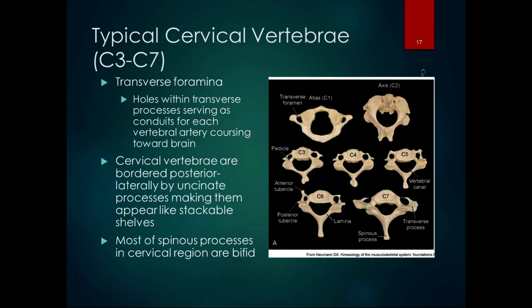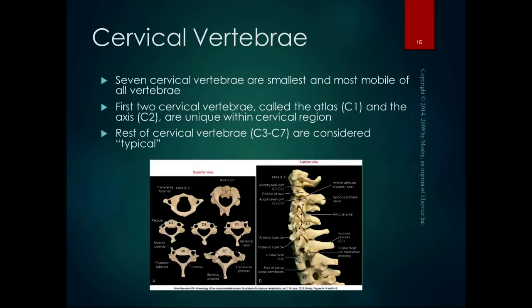So the reason for having transverse foramina is to protect the vertebral artery. Cervical vertebrae are bordered posterolaterally by uncinate processes, making them appear like little stackable shelves. So when you look at this picture, you can see how they stack right on top of each other. They're like those little Rubbermaid stools that you can stack on top of each other to make taller.